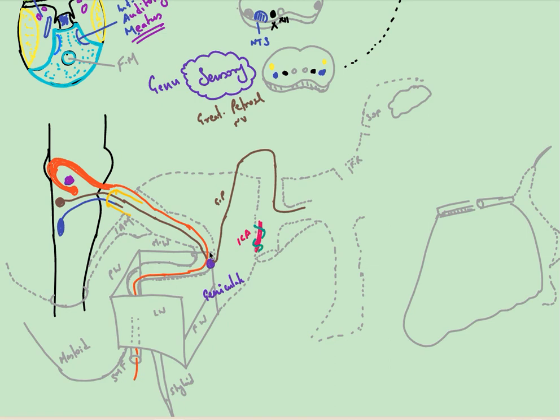Now, if a nerve comes out from this ganglion, will it be preganglionic or postganglionic? It should be postganglionic. And the ganglia associated with the internal carotid artery, are they sympathetic or parasympathetic?